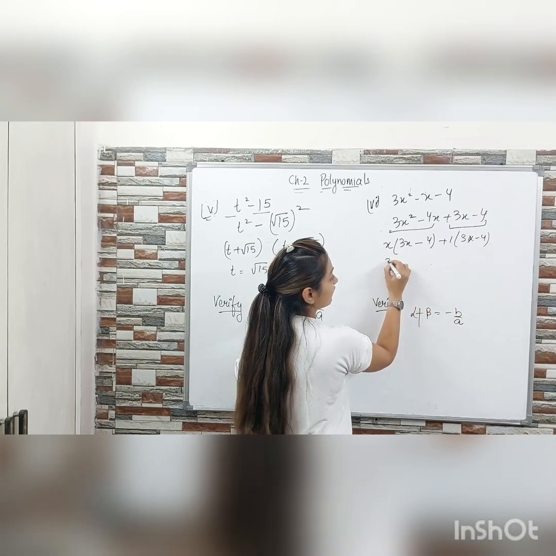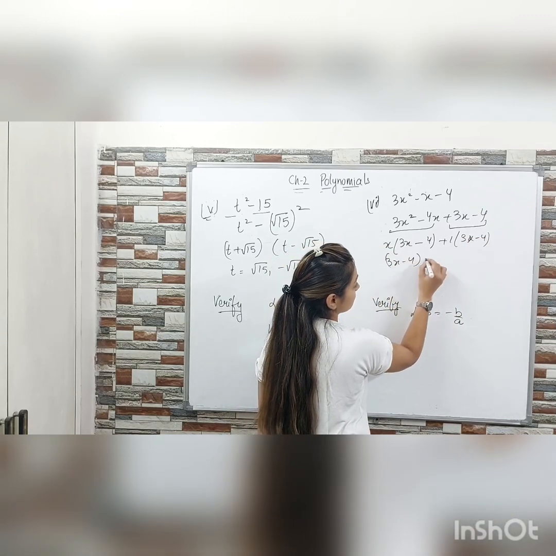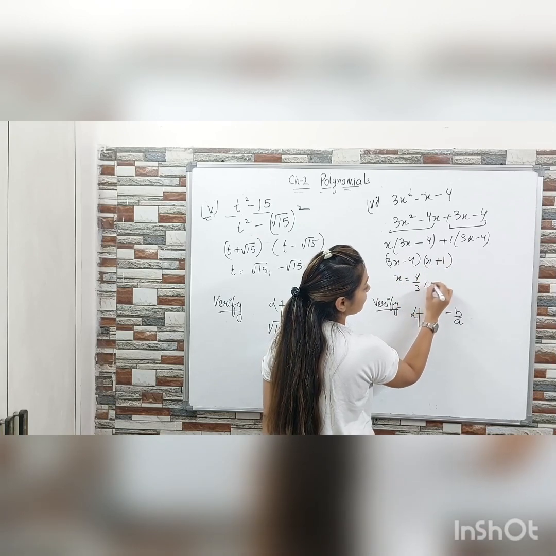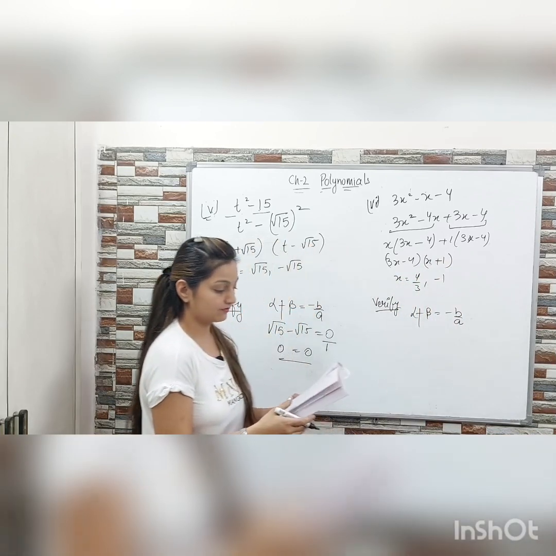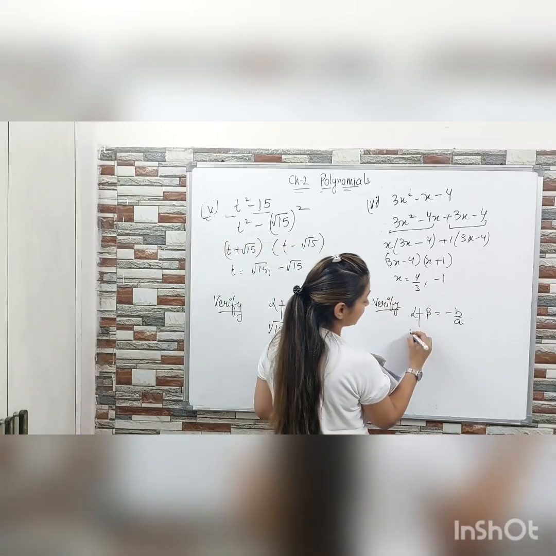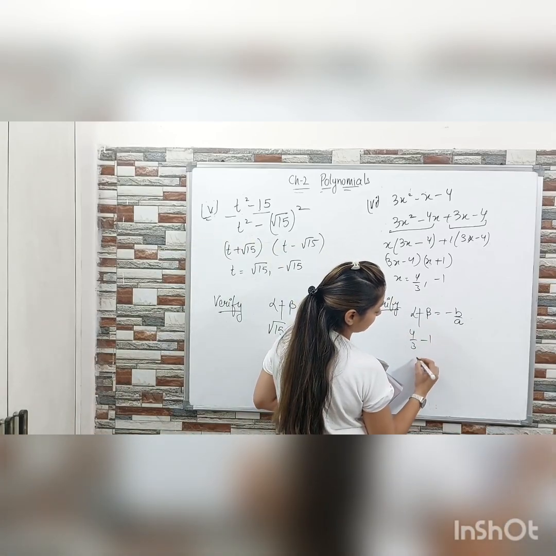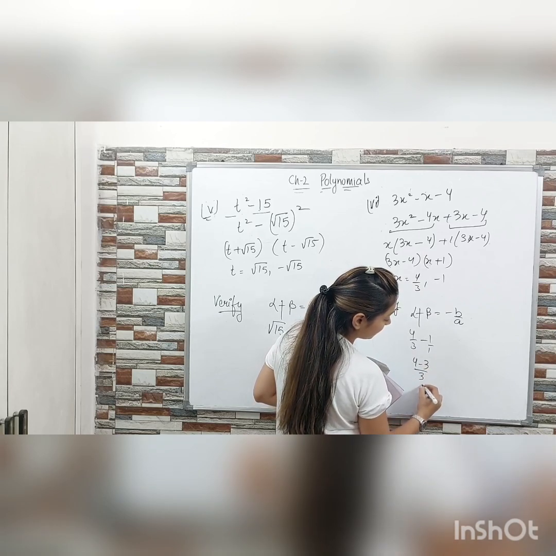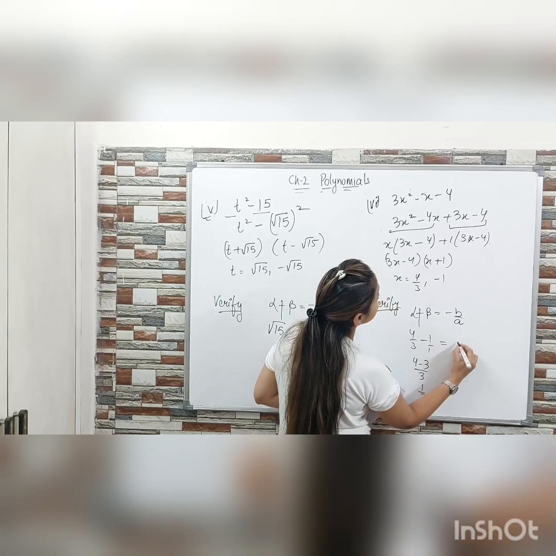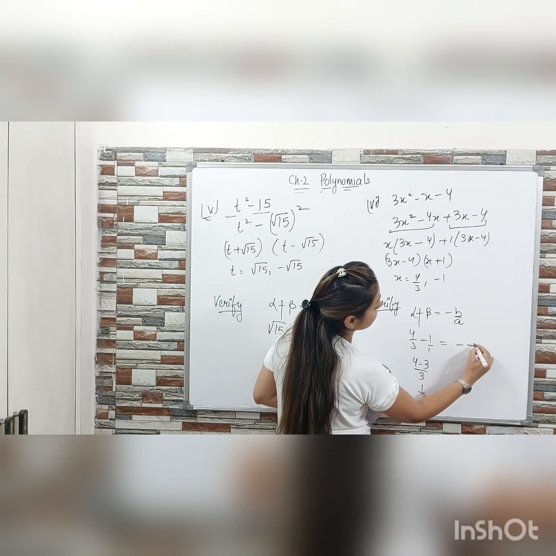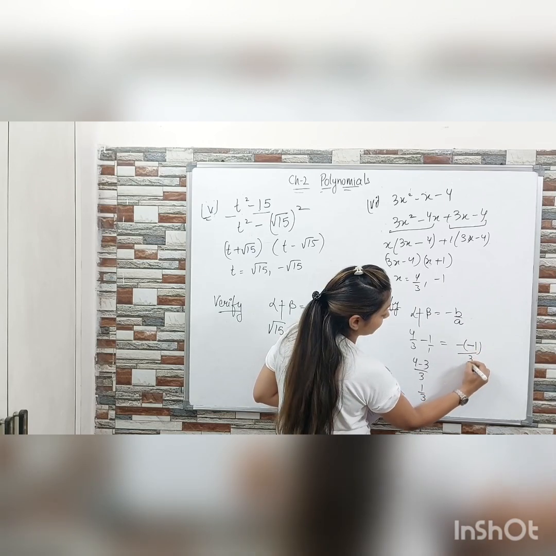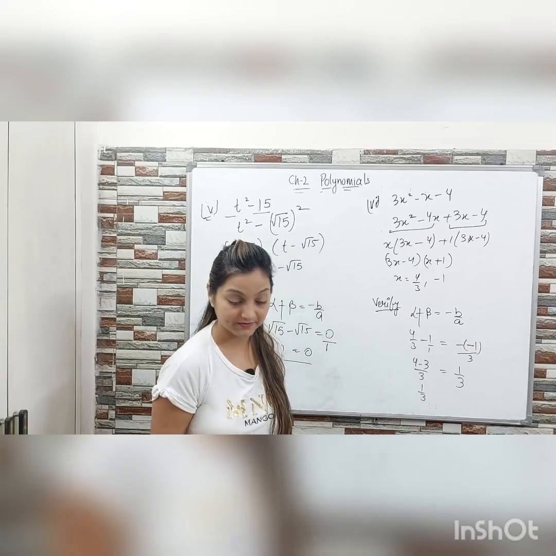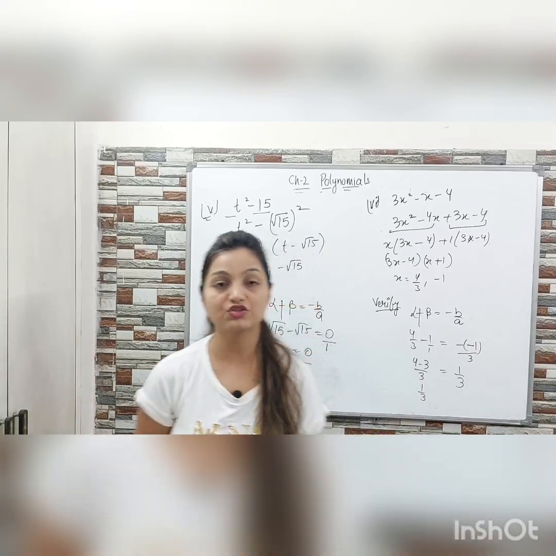Now I have got two factors: x is equal to 4 by 3 and x is equal to minus 1. Alpha plus beta, take out the LCM, 1 upon 3. Minus b upon a would be minus minus 1 upon 3, so the answer is 1 upon 3 because minus minus is plus. This is the full first question we have done.